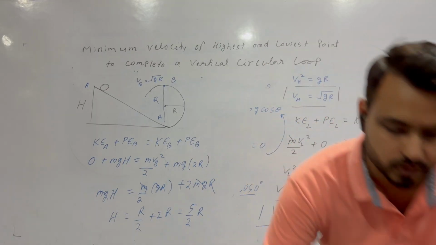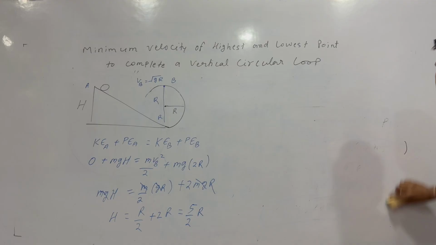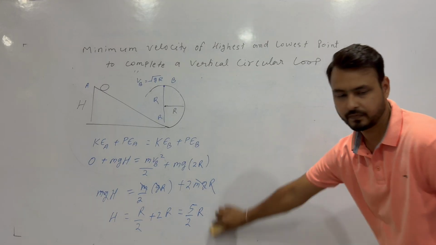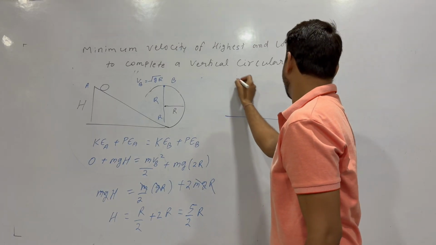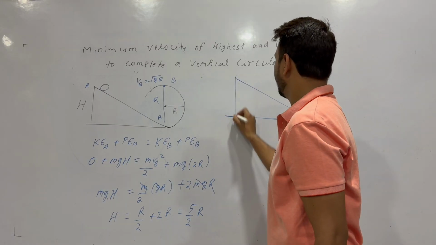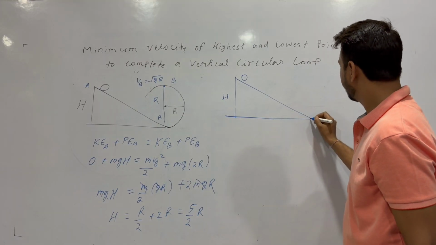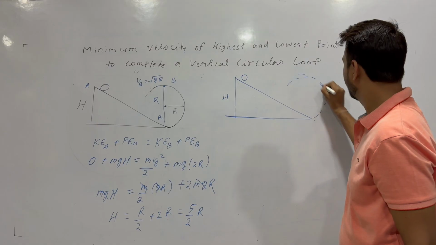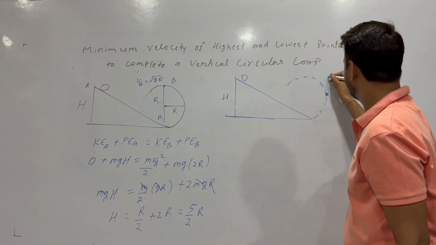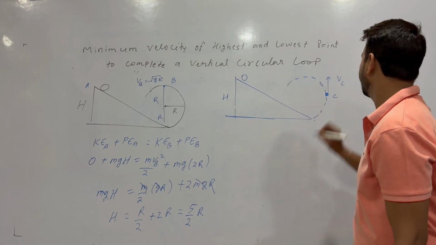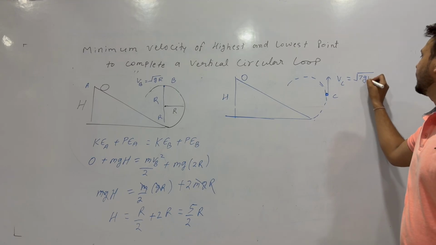Now I am taking another question in a similar fashion, so that we can understand what kind of questions are asked in exams like this. In a similar way, we have an inclined plane of height h, and releasing the ball from here, it completes a vertical loop, so that at this point, let's say this is point C, it is having velocity square root 7gr.